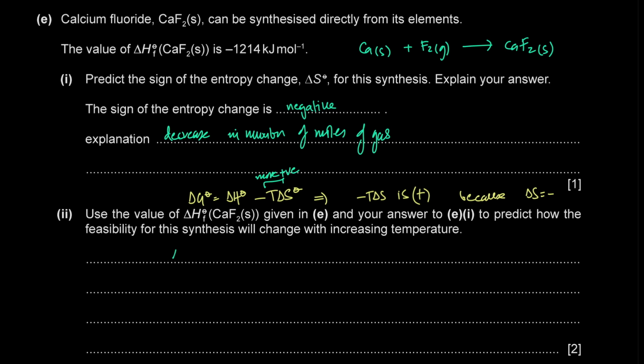So what we can say over here is that delta S is negative. Therefore, minus T delta S is positive.